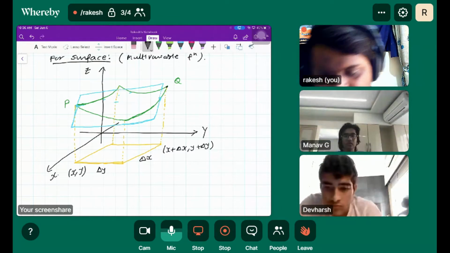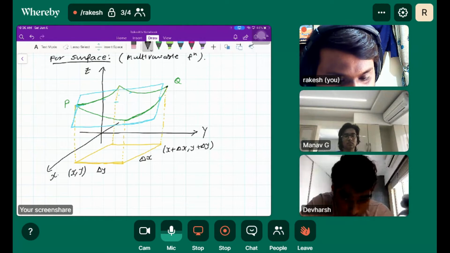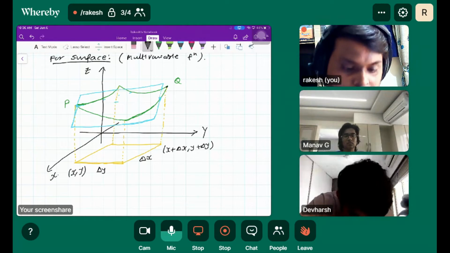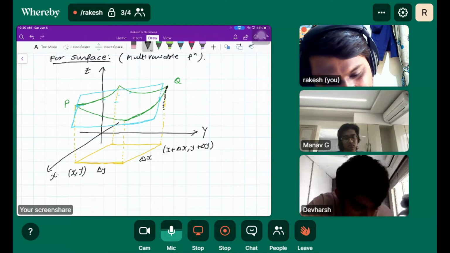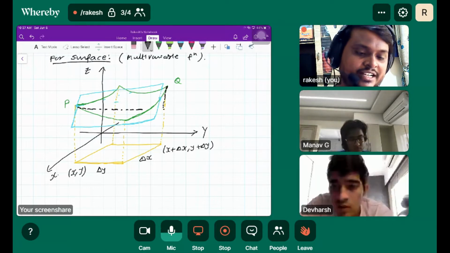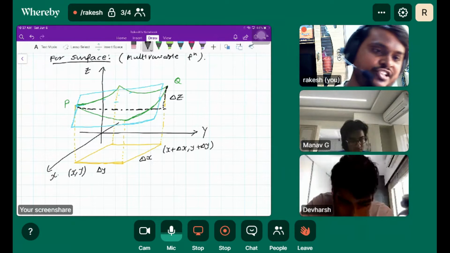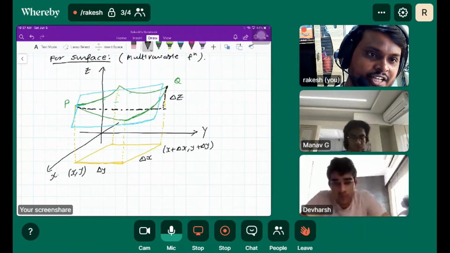So see, if I draw this tangent plane, it is very difficult to draw, that's why I'm ignoring that. So see, this is the height. This is the complete height, or you can say the complete change in the function. So this is del g, right? Are you getting that? This is del g.